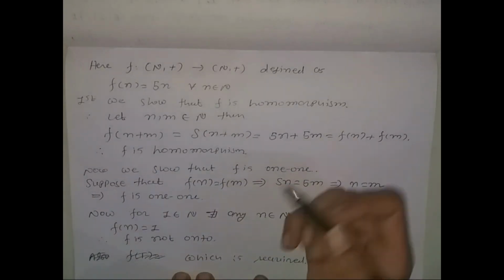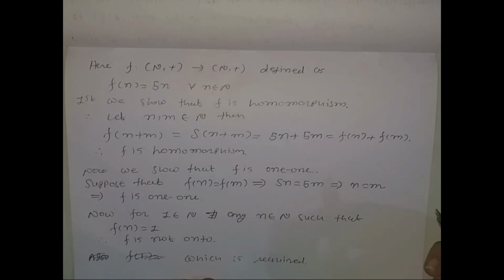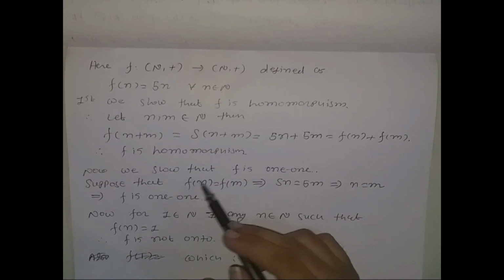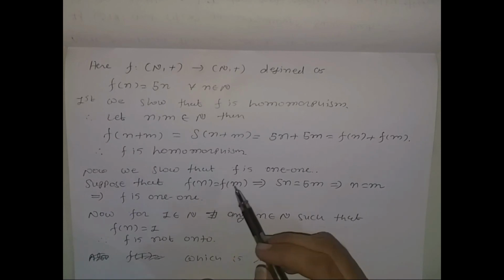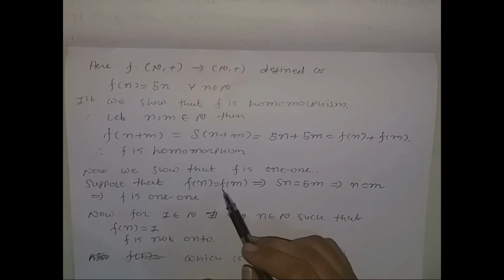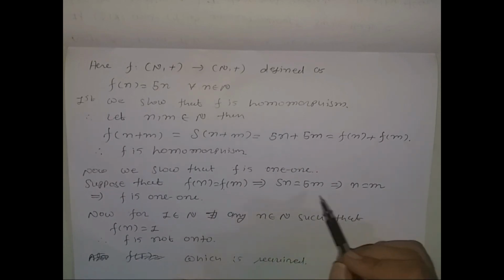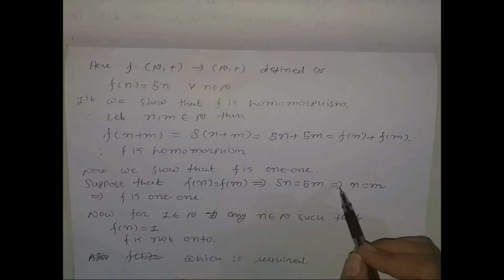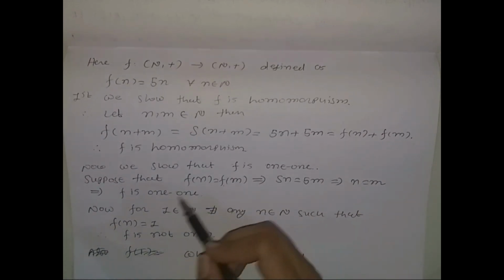So f is a homomorphism. Now we show that f is one-one. For that we consider that two images are the same, f of n is equal to f of m. This implies that 5n is equal to 5m. Now 5 will be cancelled out, so we get n is equal to m. So f is a one-one map.